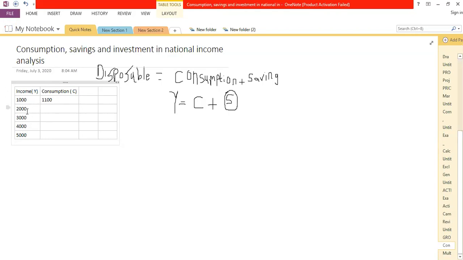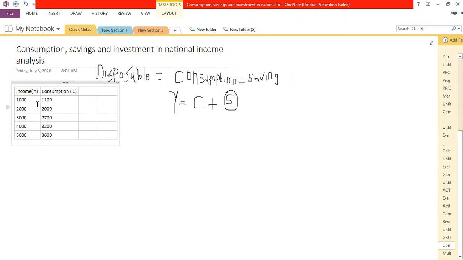Assuming the level of the income increases, say, to 2,000, and we are consuming, let's say, 2,000. If the level of the income increases, let's say, to 3,000, and the consumption is at 2,700, what is happening to that consumption? At 4,000, let's assume the consumption amount is at 3,200. And let's say at 5,000, the consumption is at 3,600.